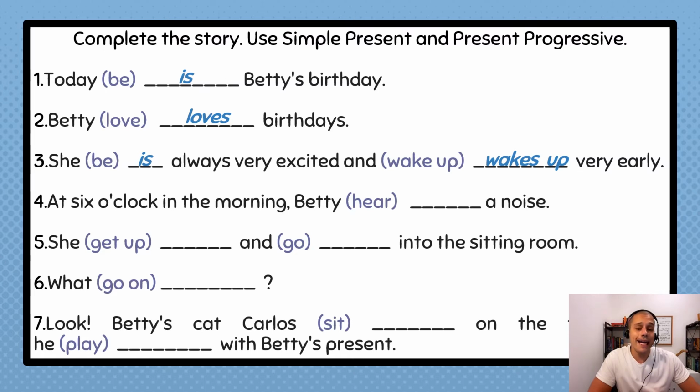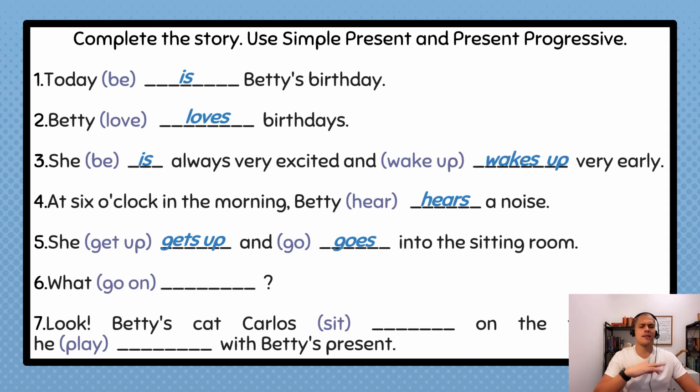So at 6 o'clock in the morning, Bet hears a noise. Nice. Number five: she blah blah blah and blah blah blah into the sitting room. So we have here a sequence. We're going to use the simple present to tell this story. So she gets up and goes into the sitting room.